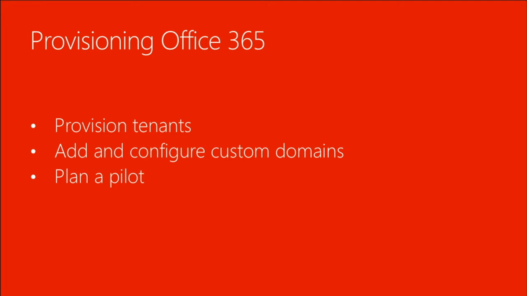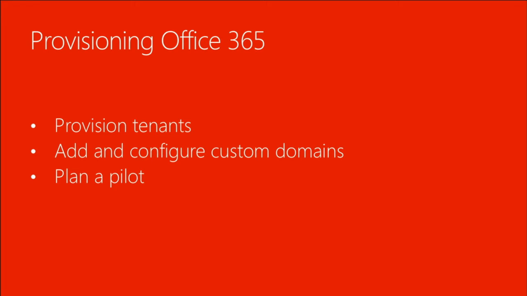Really? Yeah, so get your SKUs right. For the lower-end business plans, the limit is 300. 300, very important. And in the E plans, E3 and E5, for example, it's unlimited numbers. So get your SKUs correct.